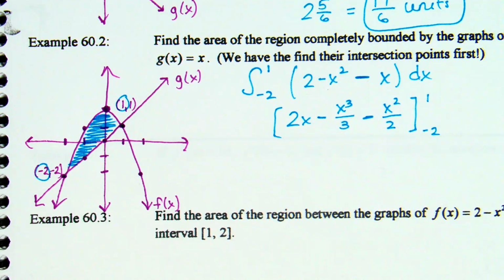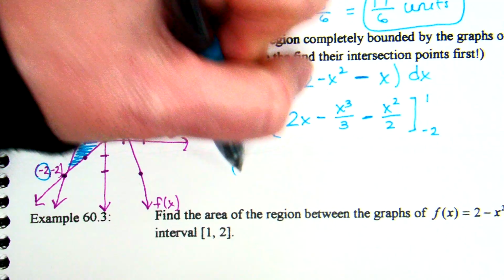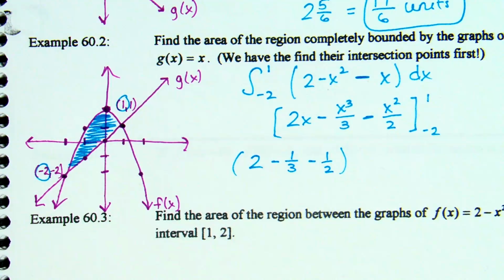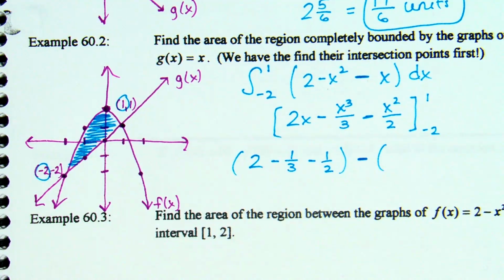Okay, what do I start off doing? Putting the 1 in. So we're putting 1 in for everything. So 2 minus 1/3 minus 1/2. Minus, I'm going to do another set of parentheses. This time I'm putting in -2.